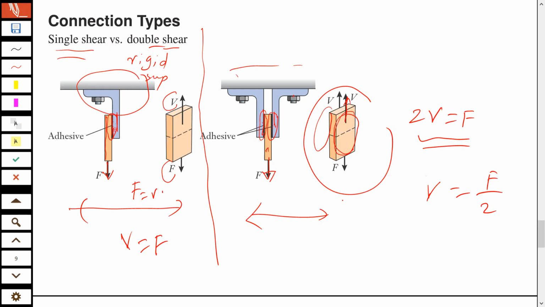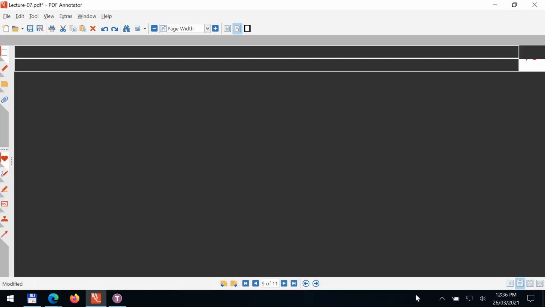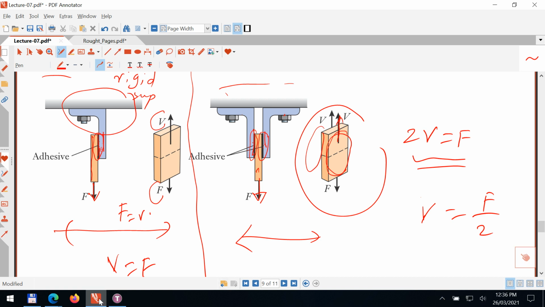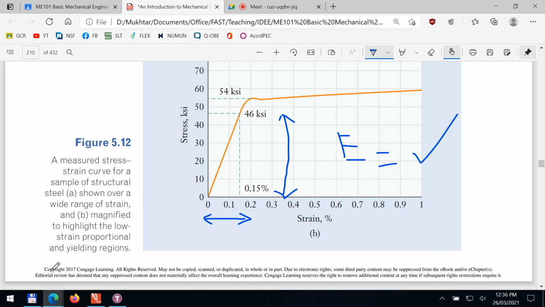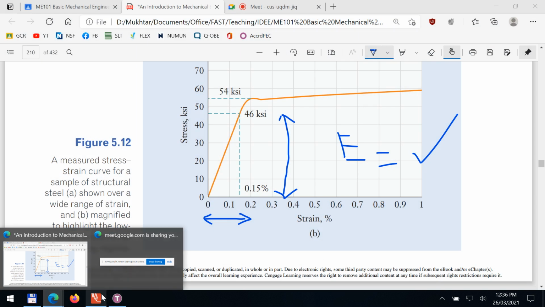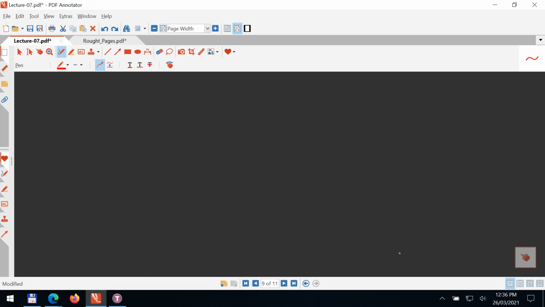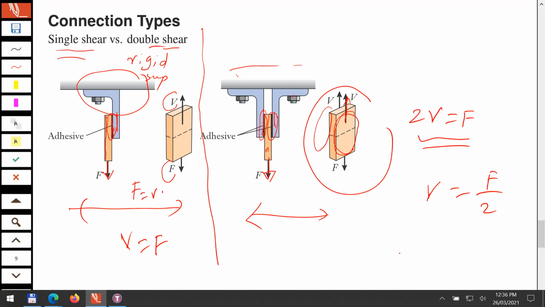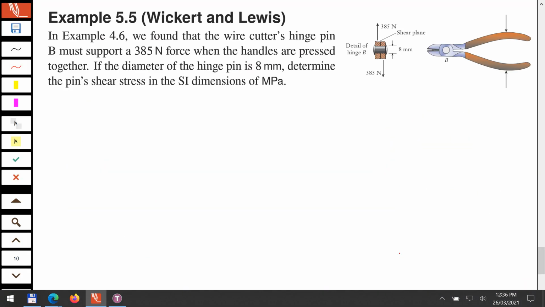अच्छा, ये बात आपको समझ आ गई ये वाली कि कहाँ पे डबल शेयर होगा, कहाँ पे सिंगल शेयर होगा. Yes, sir. अच्छा, so it should be very straightforward if you look at the diagram. For example, यहाँ पे we have that example again.